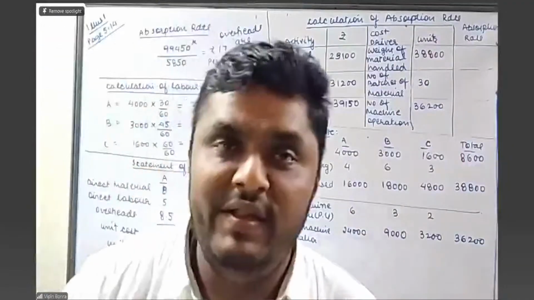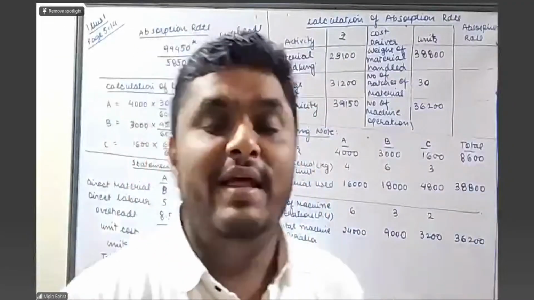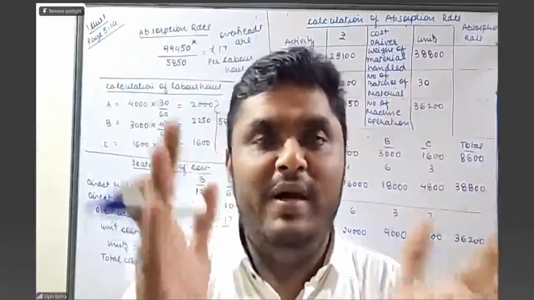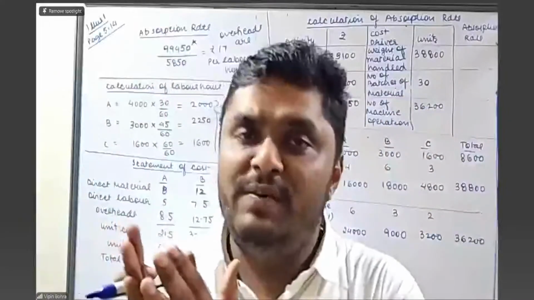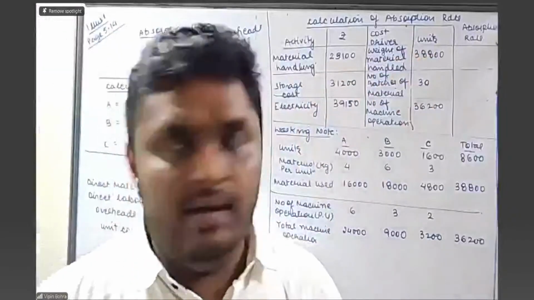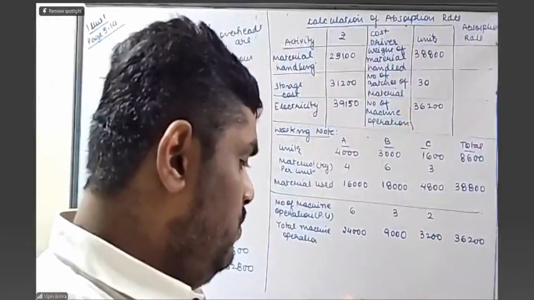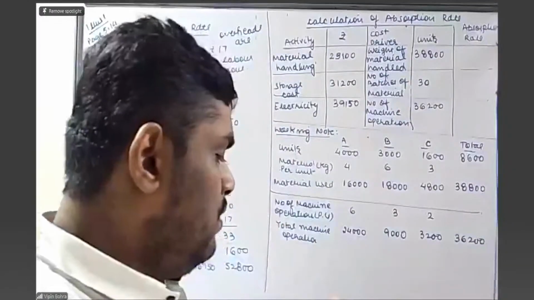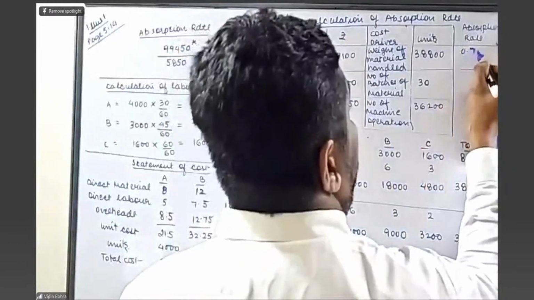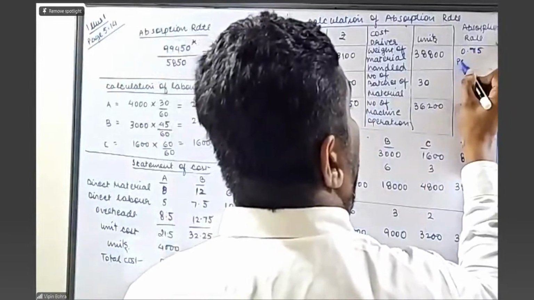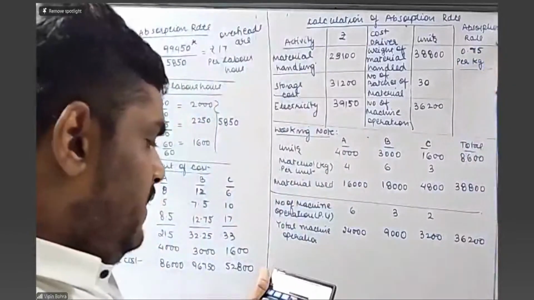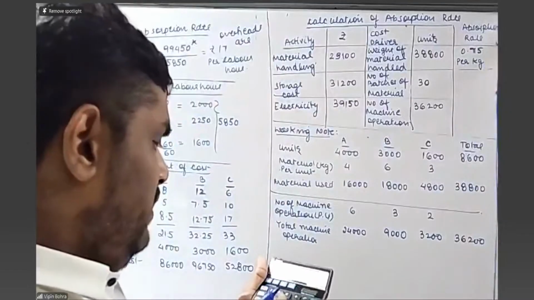So now we are done with the calculation of units. Again, the chapter is very simple. Stick to the concepts. That is the total overheads divided by the absorption basis. So here 29,100 divided by 38,800, how much will be the value? It will be 0.75 per kg. Storage cost 31,200 divided by 30.